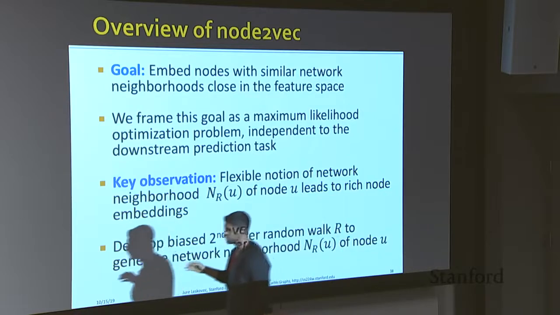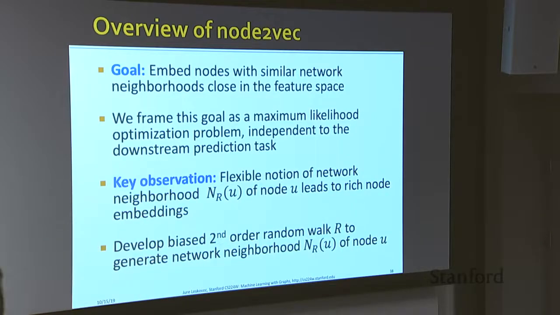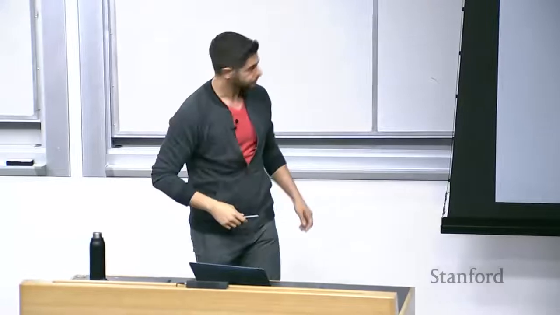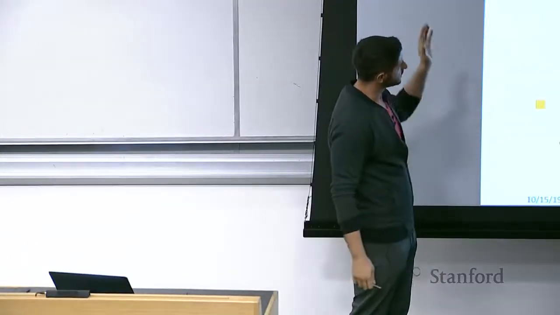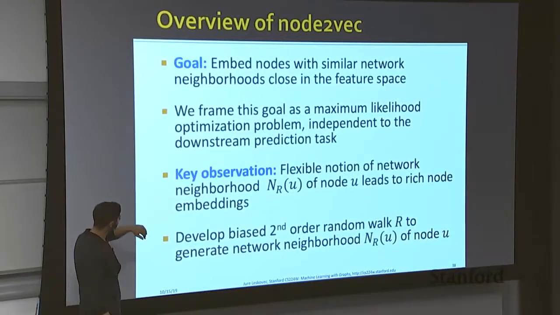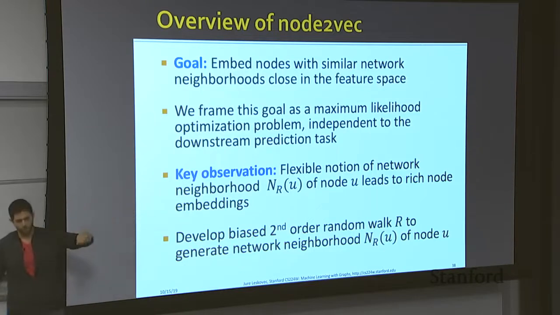The goal is exactly the same. We're going to try to solve exactly the same problem, and the optimization problem is also the same. We're still looking for a maximum likelihood, and this optimization problem will be independent of the downstream prediction task.